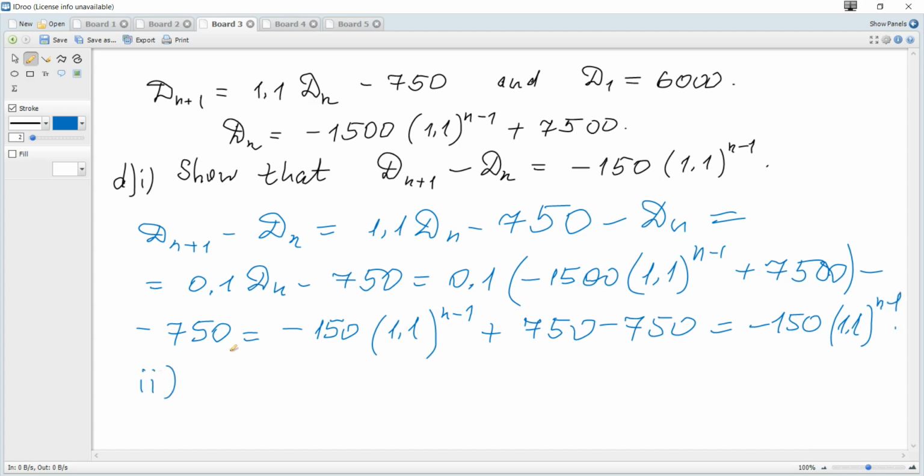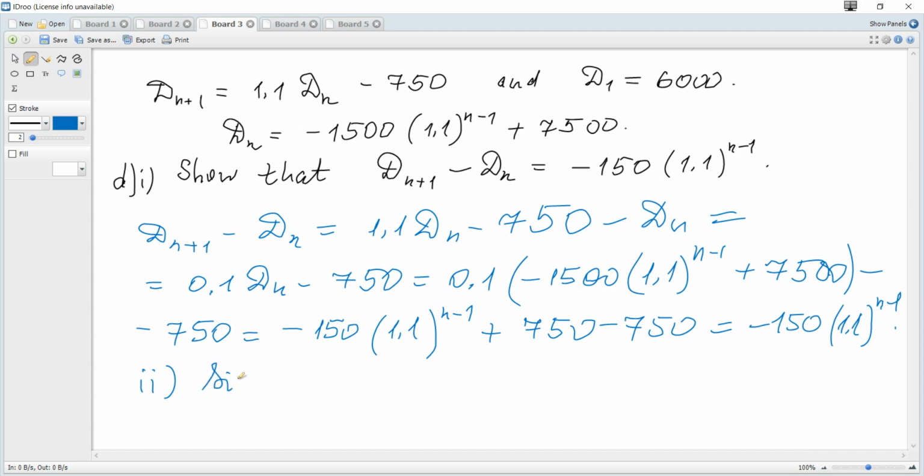The next, use the result in part D, this result, to deduce that the predicted number of trout at the start of any year will be greater than the predicted number at the start of the next year.